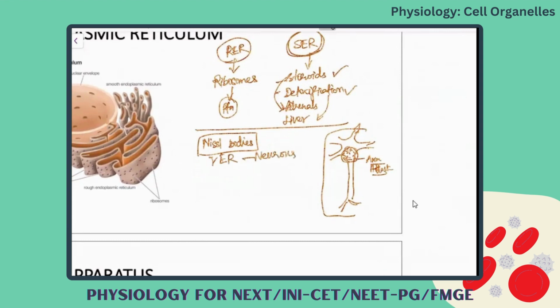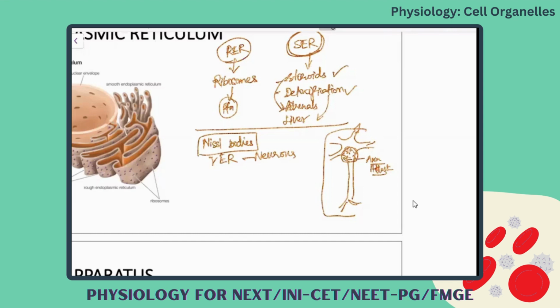So the Nissl granules have a major role in the synthesis of which chemical in the neuron? What do you term it? Neurotransmitters. Okay. So the main role of the rough endoplasmic reticulum is in the synthesis of proteins and enzymes, because of the ribosomes.